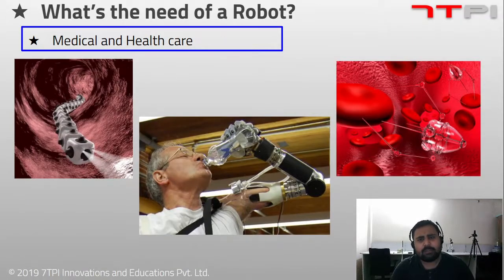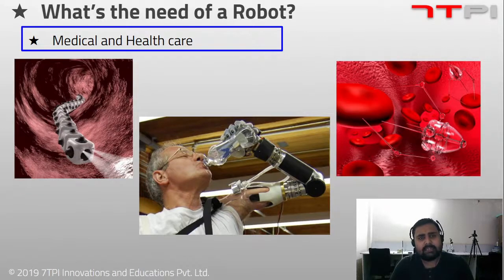Then a few more examples are there. You can see there is one more robot which moves around the intestine, looking out for any kind of tumors or any kind of problem inside your stomach. Then next, you can see there is an exoskeleton, a robotic arm.